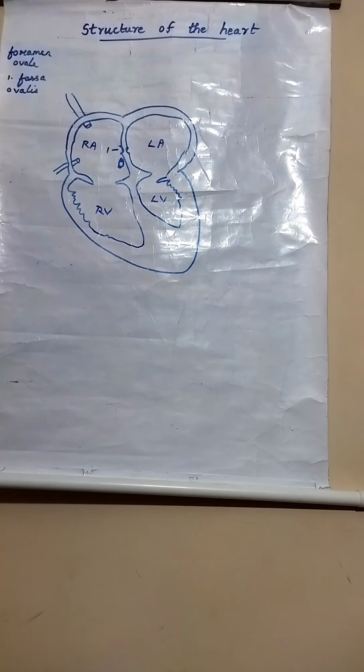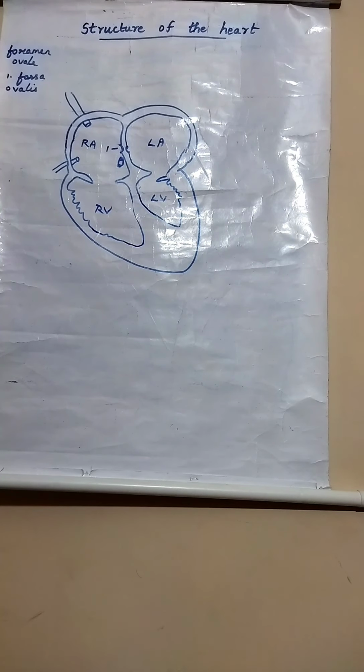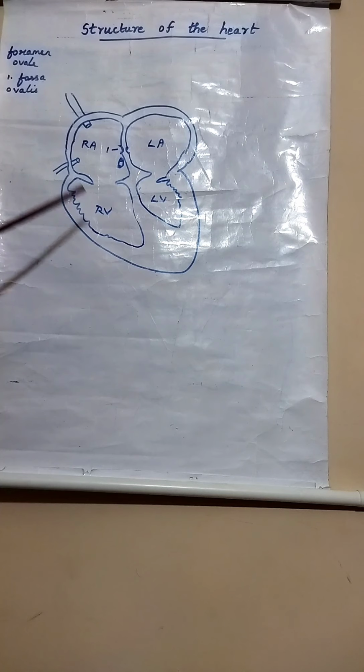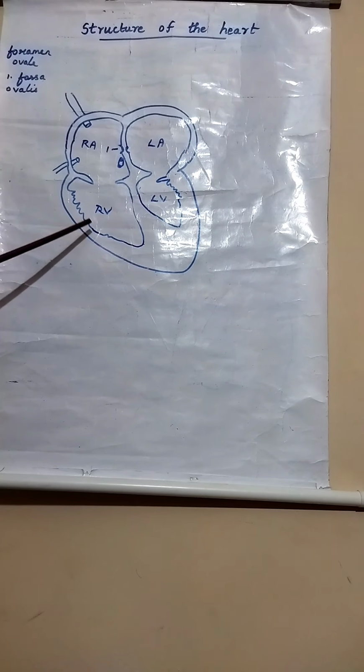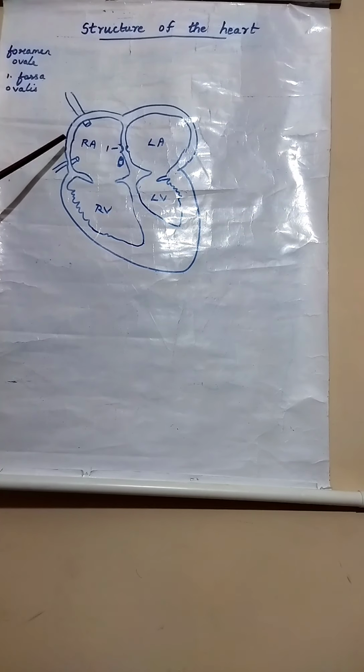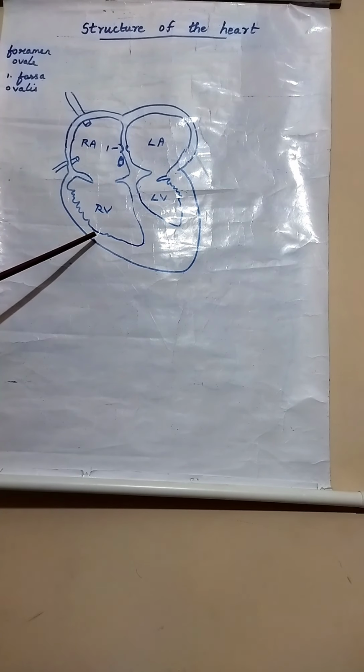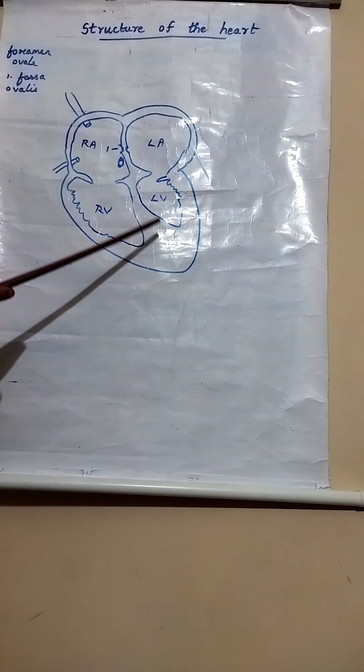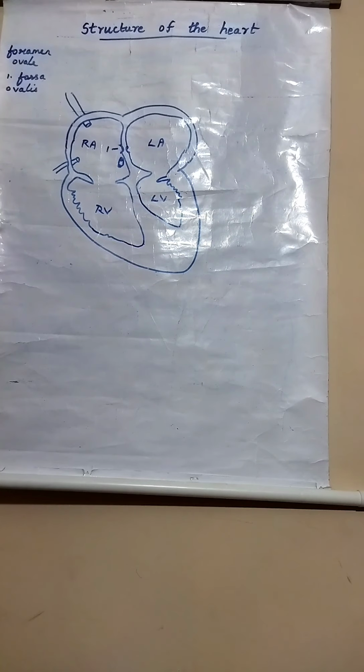It's not valve, I'm talking about the wall. So here also it is much thicker compared to the auricular walls, but still the thickest is for the left ventricle. What should be the reason behind this?